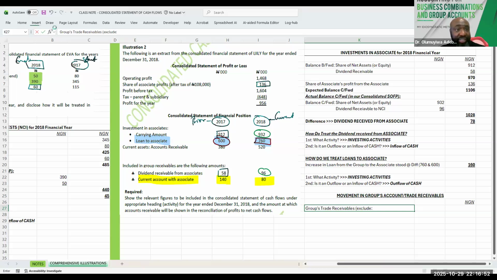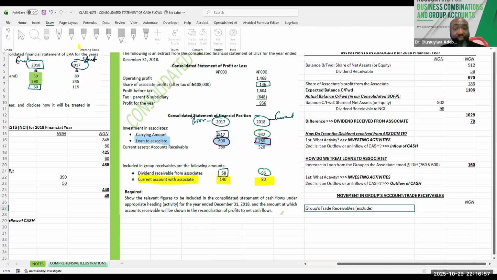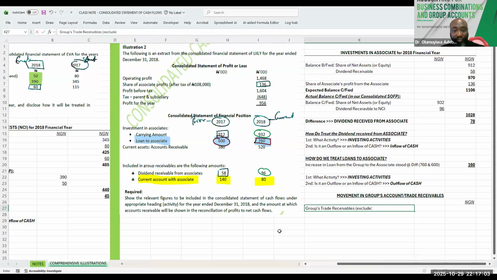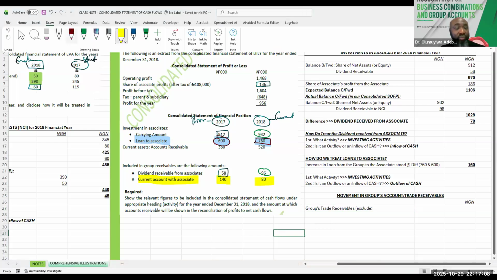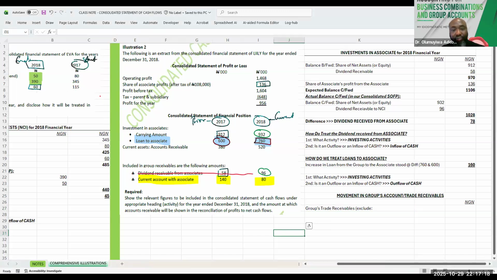Therefore, what will I do in this case? I'll strike it out. Since it's included in the receivable and I've already used up 58 and 96, therefore, I exclude dividend receivable from associates.